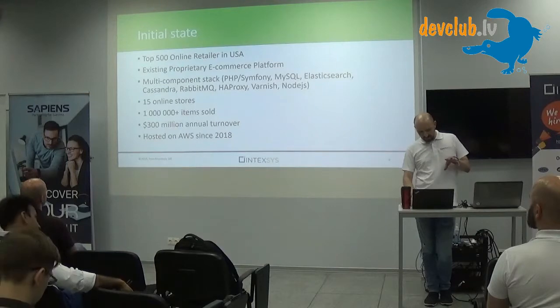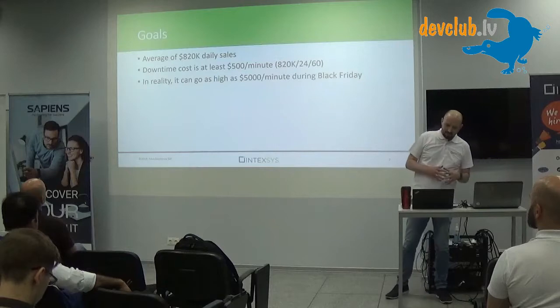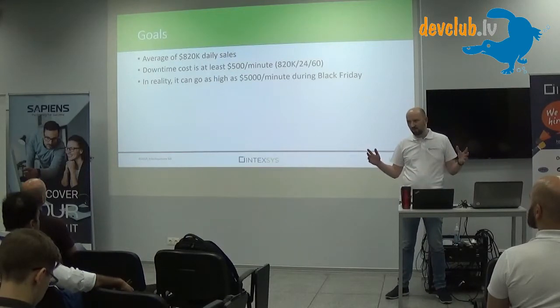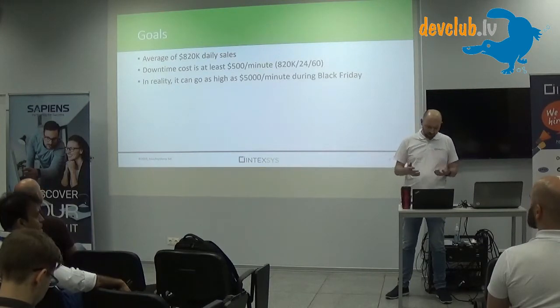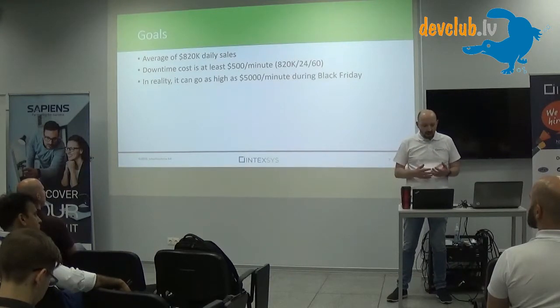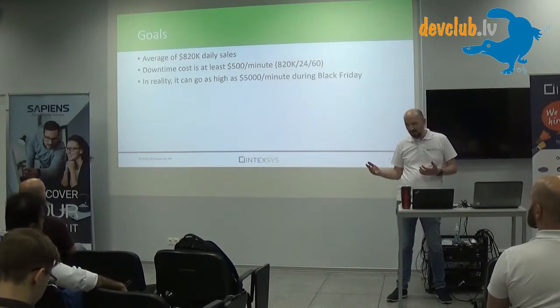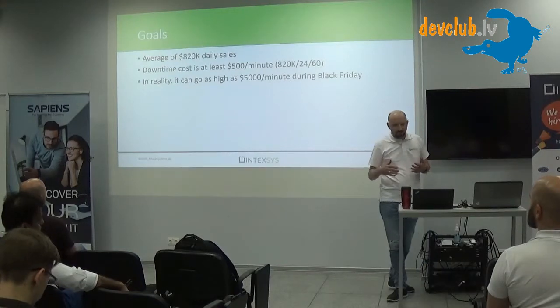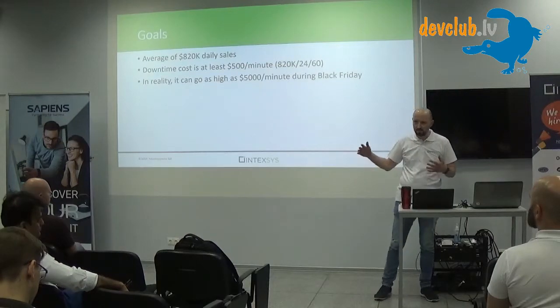So back to the business and these numbers, why are they important? If we split the annual turnover evenly for the year, the average would be more than $800,000 daily sales. So downtime cost, if we do simple math, is $500 per minute. But in reality, it's more because sales in e-commerce are not spread evenly across the year.